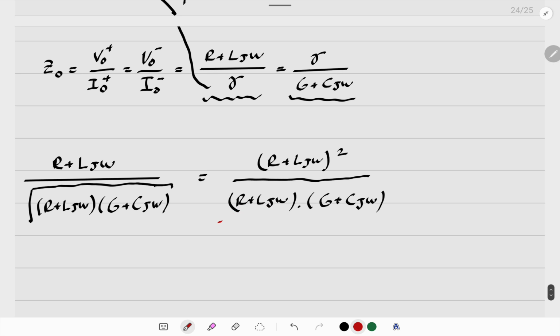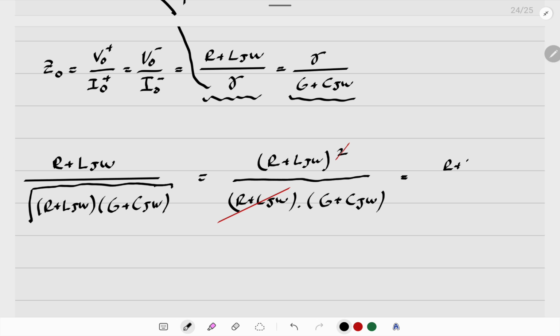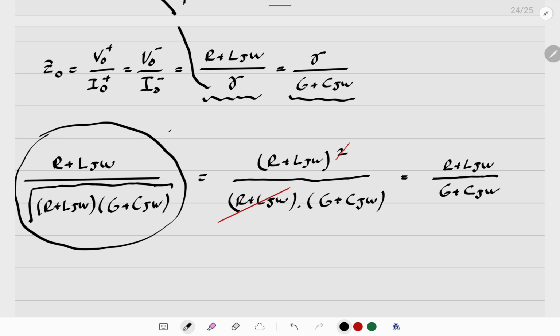If you take a close look, these both terms can be omitted, and you see r plus lj omega divided by g plus cj omega. But let's remember that we took the square of this example. You remember?